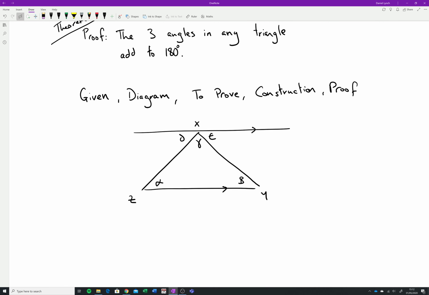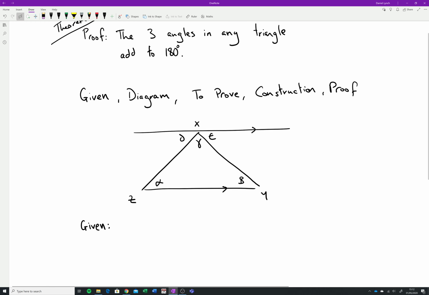We've done the diagram. We'll make a list of what's given. What's given is very specifically anything that's mentioned inside there and nothing else. Anything that we've added on to the diagram should not be included in it.